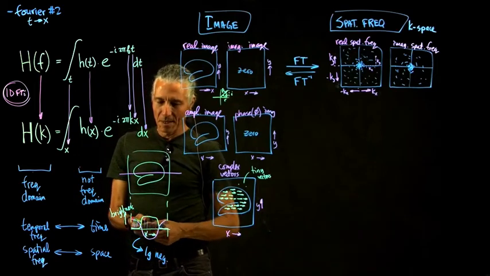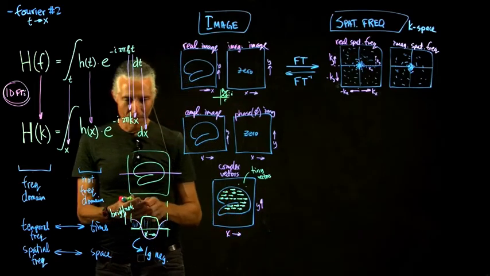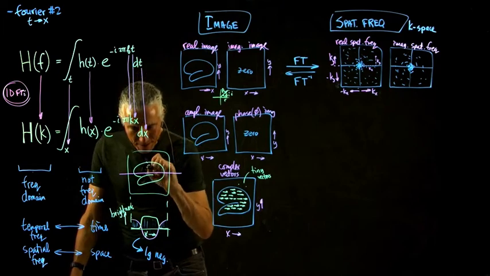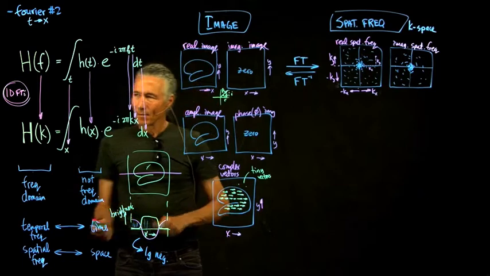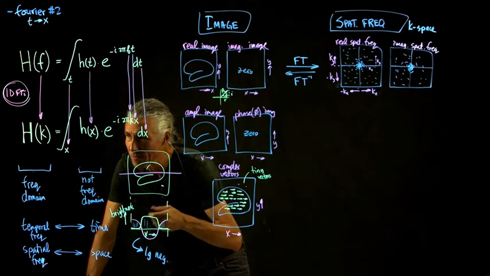But you might think, well, what about the little sulcus over here? It's dark in the sulcus, and it's light on that side. That turns out to correlate with a higher frequency cosine.